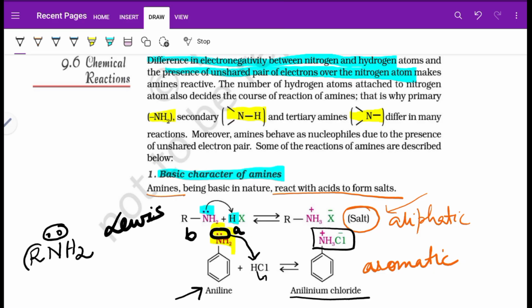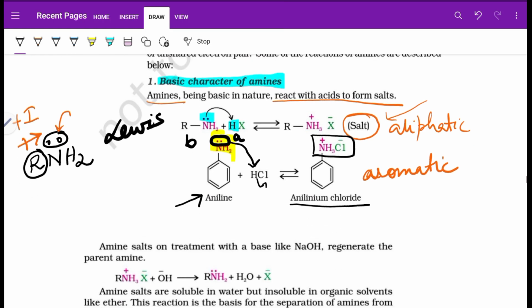The presence of an alkyl group having plus I effect enhances the electron density over the nitrogen atom and hence gives greater basic nature. The presence of the alkyl group having plus I effect enhances the electron density over the nitrogen atom and hence it is acting as a base.